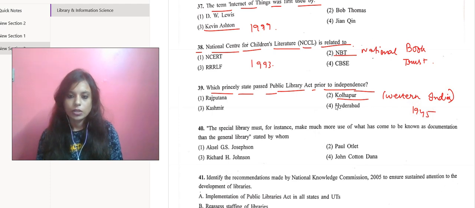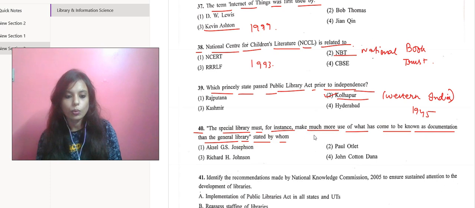So our answer is Kolhapur. Next question: the special library must, for instance, make much more use of what has come to be known as documentation than the general library. Stated by whom? Yes, it is stated by Axel G.S. Josephson.